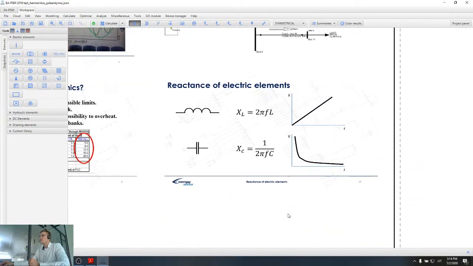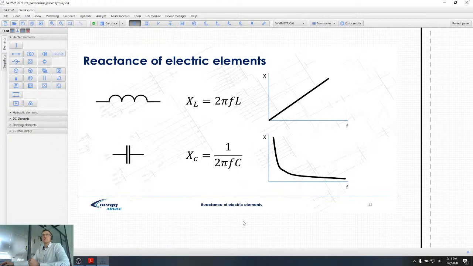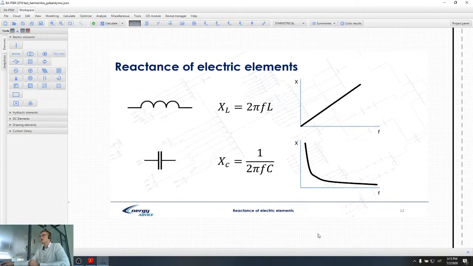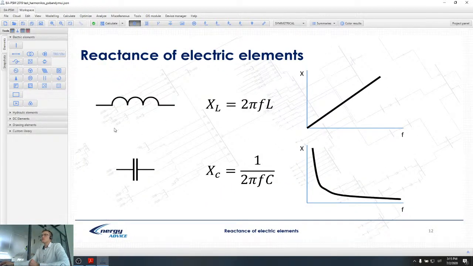And what is the actual impedance of each element when current harmonics are flowing through them? This is explained in this picture. Each element in an electrical network, whether a series reactor or a cable, has some inductance, and inductance is measured in henries.